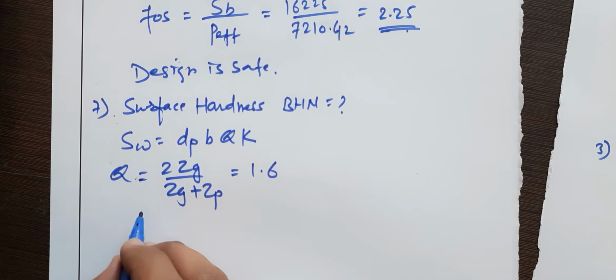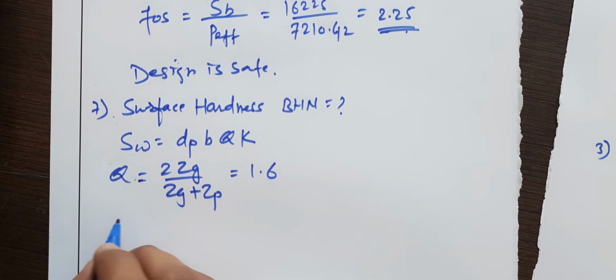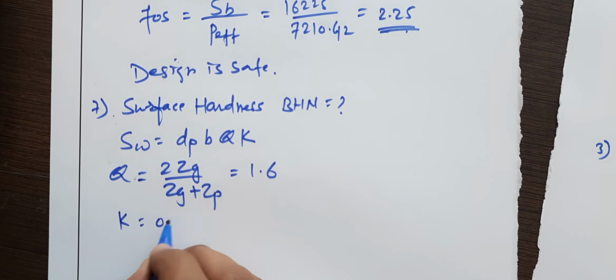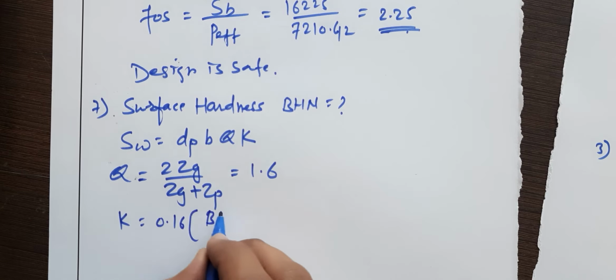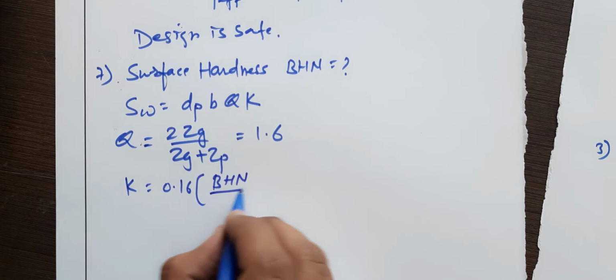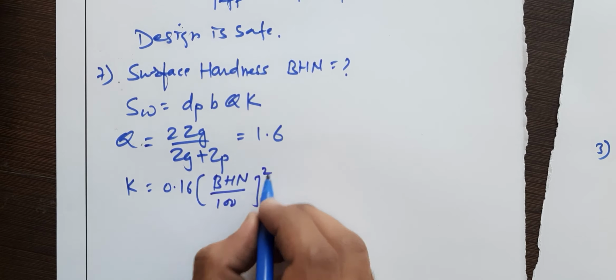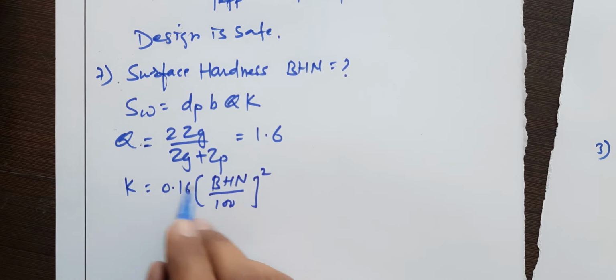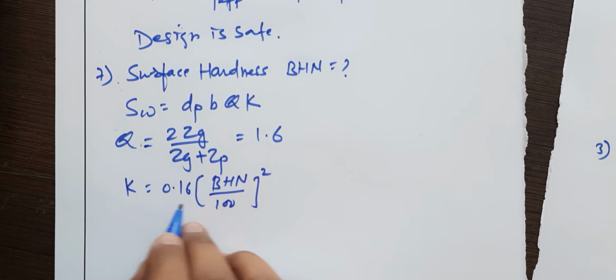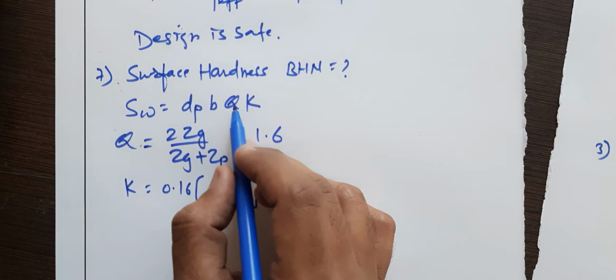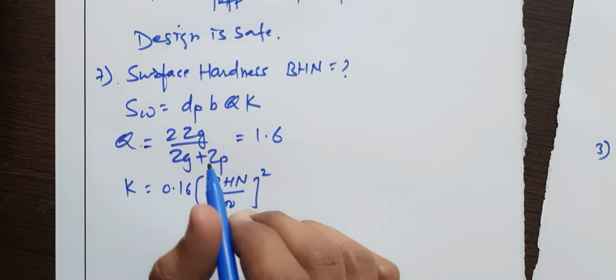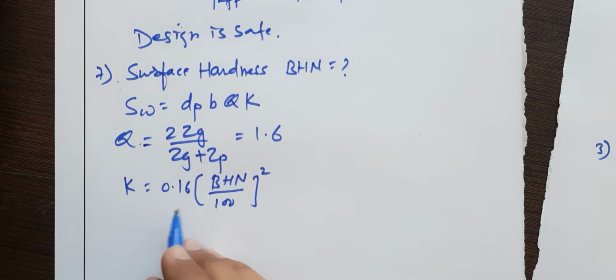Then K for steel gear and steel pinion is 0.16 BHN by 100 square. Here we don't have BHN, so we cannot calculate K. So we will substitute K as it is in the formula of SW, and we will get SW in terms of BHN.